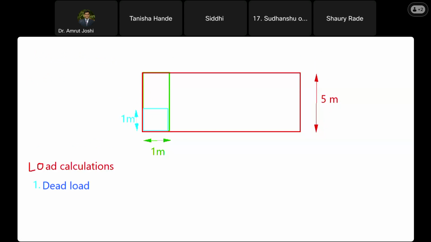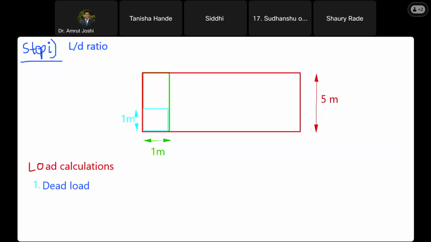So what is the step number 1 that we do? Step number 1 is we decide the depth of the slab by something called the L by D ratio. So in this case, the L is 5 meter.